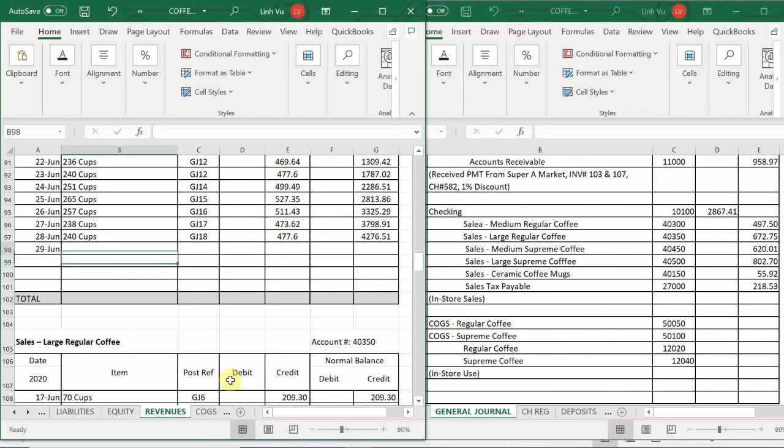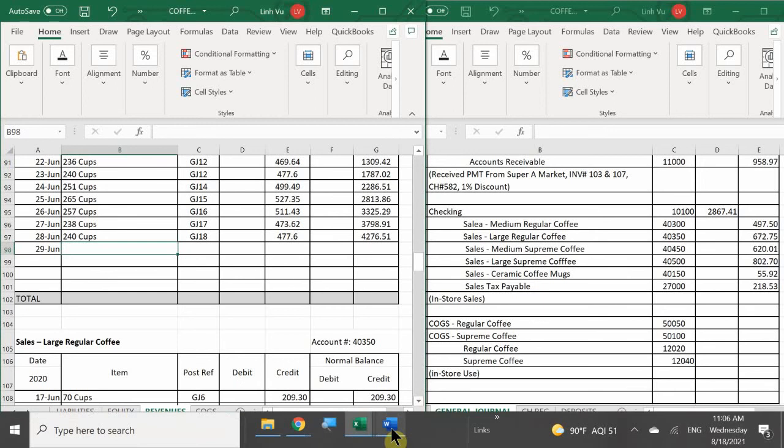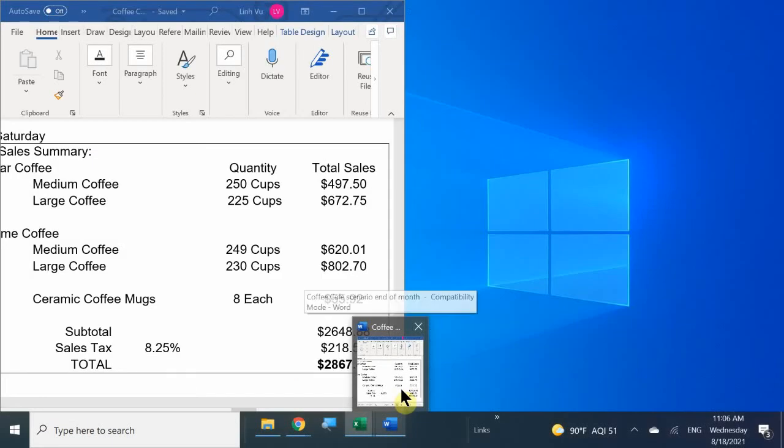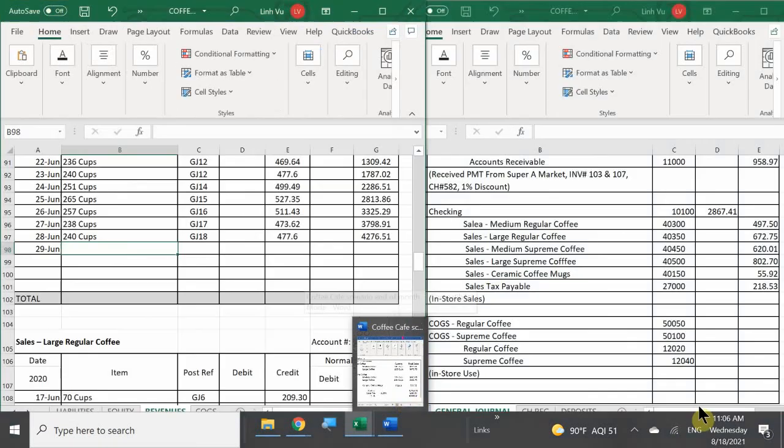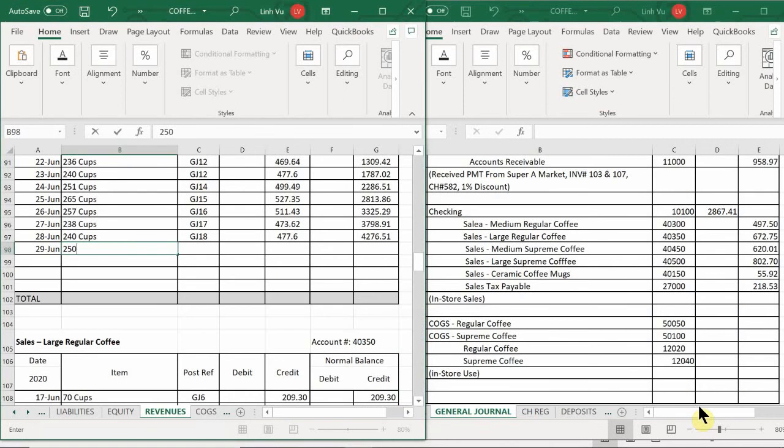How many cups did I sell? 250 cups for a total of $97.50.